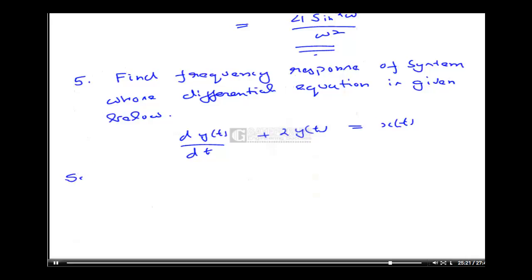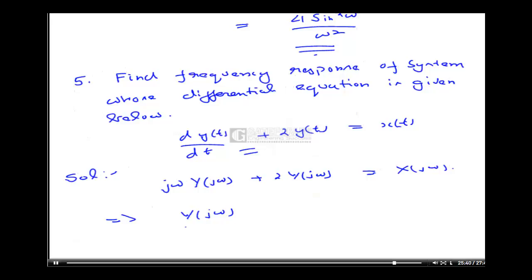Now I can write this differential equation in terms of Fourier transform as j omega Y of j omega plus 2 Y of j omega is equal to X of j omega. This implies that Y of j omega upon X of j omega is equal to 1 upon 2 plus j omega.